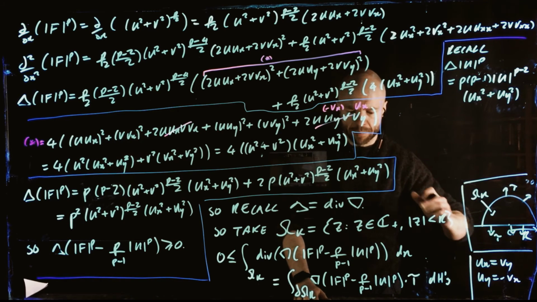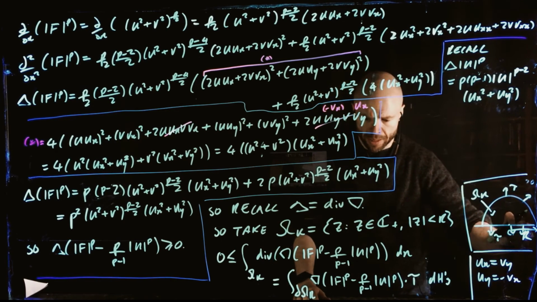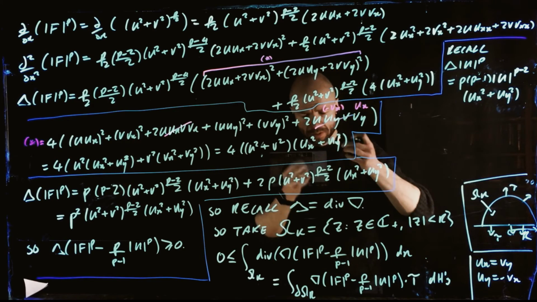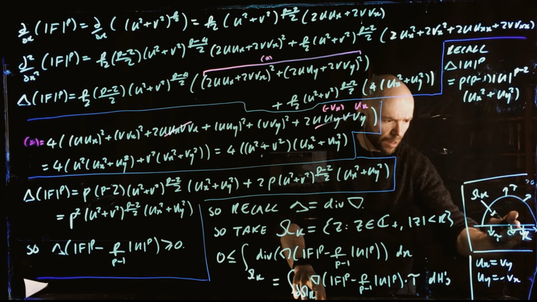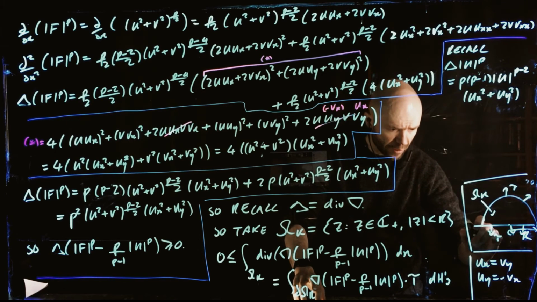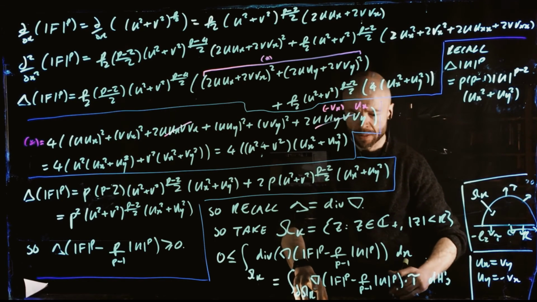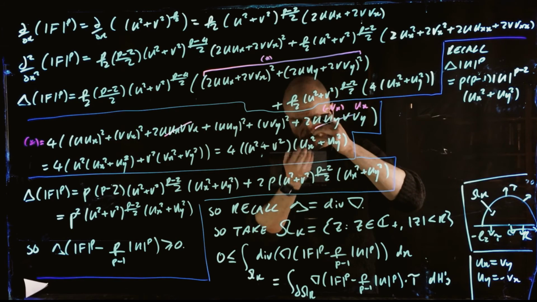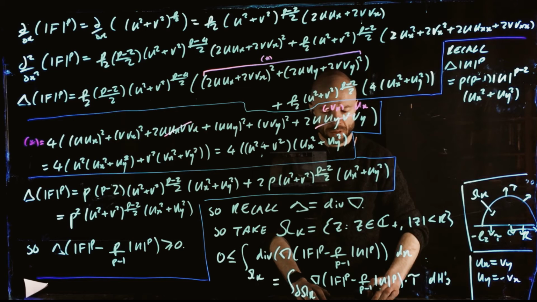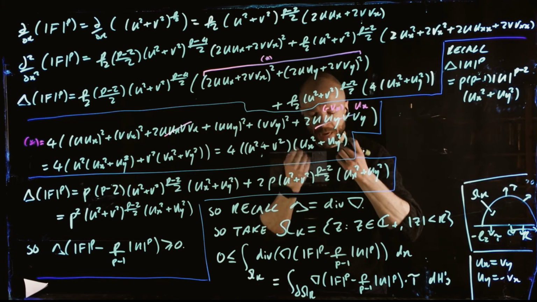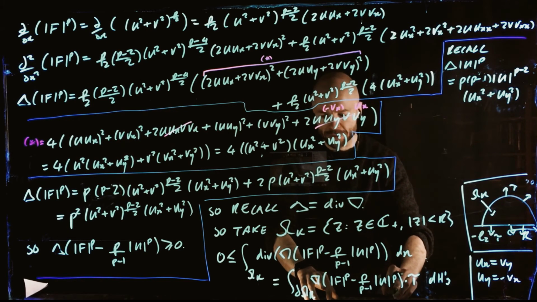Okay? So that means the only contribution will be along this side, and that will mean that we'll have the derivative dot producted with the outward pointing unit normal on this side, which is minus e2, right? So it'll mean we'll have the y derivative of this expression, the negative of the y partial of this expression will be all that we have left, okay?